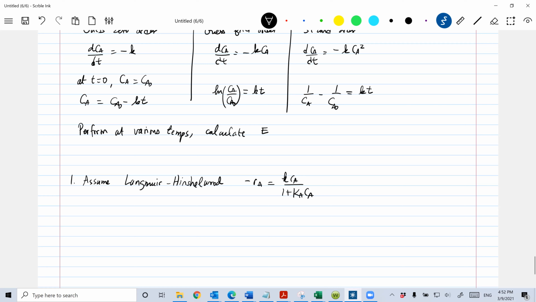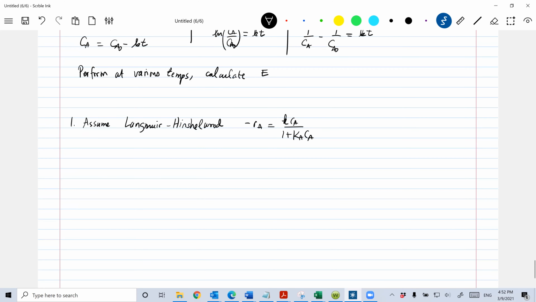Let's say this is what you have guessed, and then if you solve the design equation in the batch reactor, you will end up with this. So the question is, what do you plot against what?